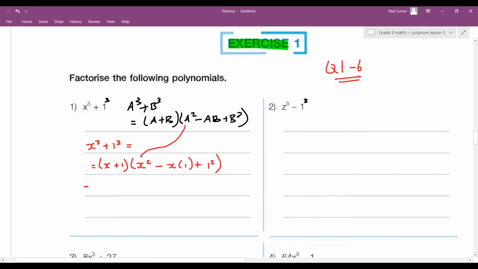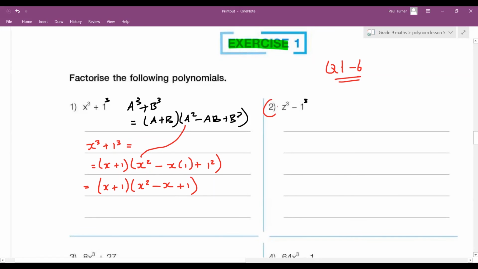Show me a little bit of working anyway, especially on the harder problems. So x plus 1, x squared minus x plus 1, like that, finished. Remember, this last factor normally can't be factorized using the methods that you know at the moment.